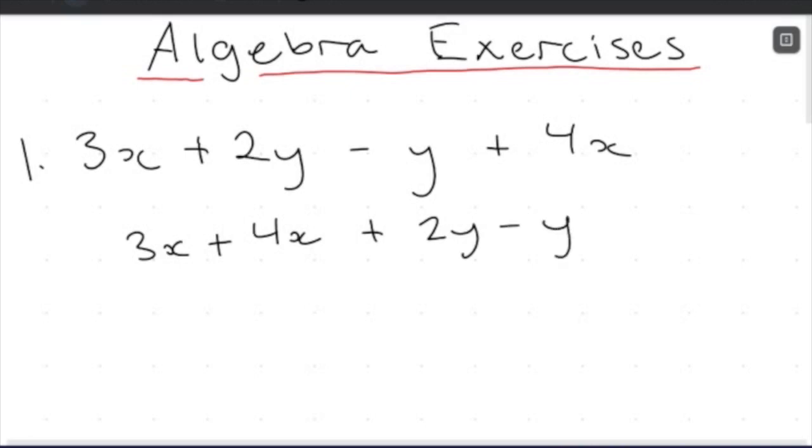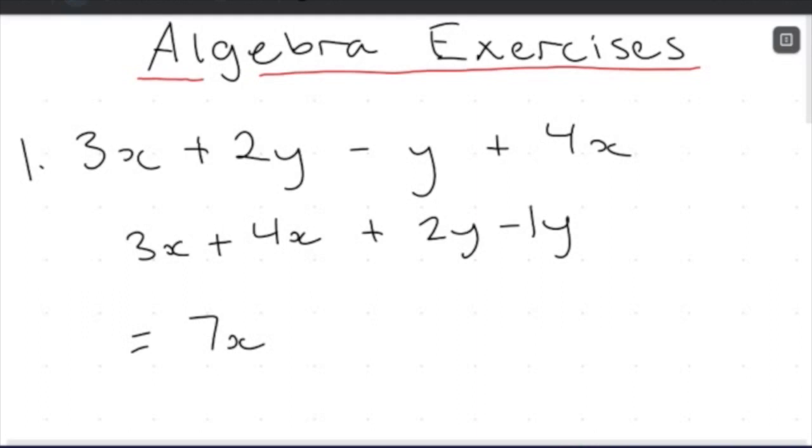Now that we can observe these next to each other, we can just perform our additions or subtractions with the coefficients. So my 3x plus 4x, that just becomes 7x. And plus 2y minus y, anytime we have a y or an x or anything just on its own, we can think of that as just 1 being multiplied by y.